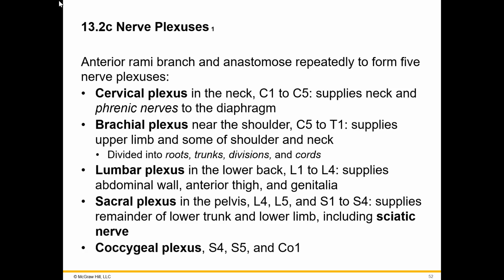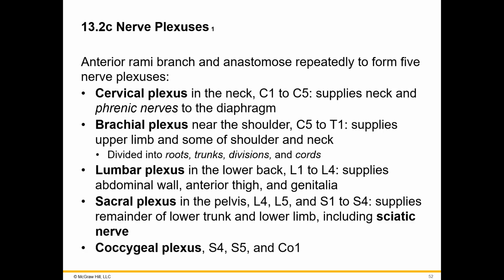The cervical plexus, C1 to C5, supplies the neck and the phrenic nerves to the diaphragm. The brachial plexus, near the shoulder, C5 to T1, supplies the upper limb and some of the shoulder and the neck. It is divided into roots, trunks, divisions, and cords.